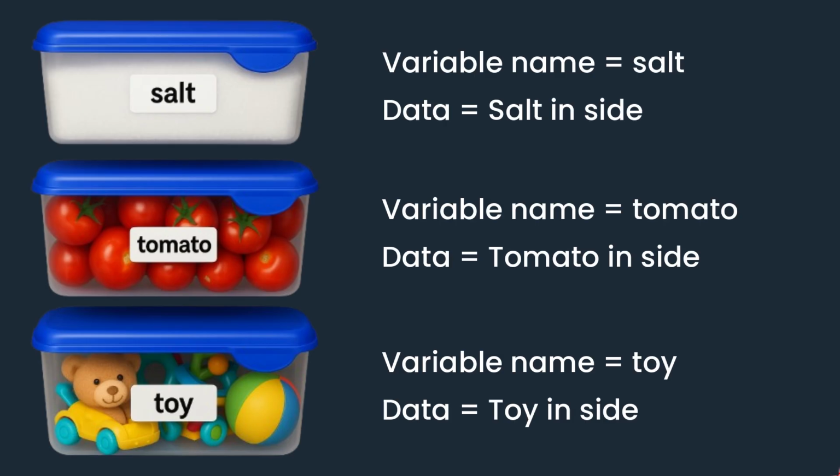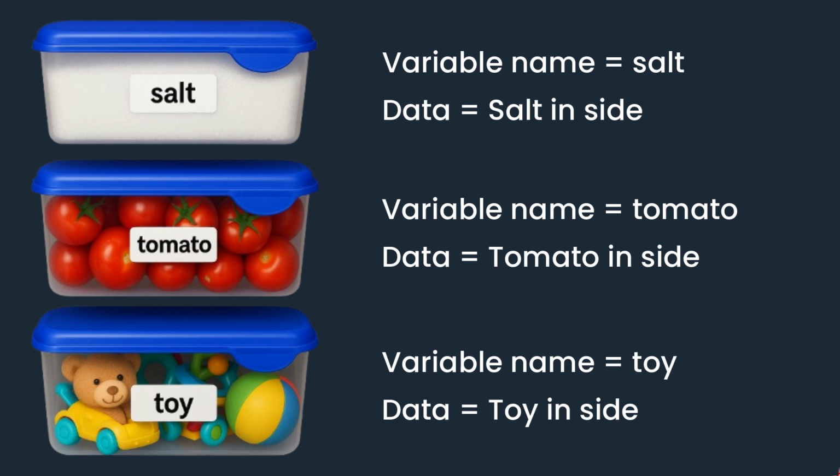If you have a container with the name salt in your kitchen, you know what is inside that container. Similarly, in a programming language, the label is the variable name and the thing which is inside that label is called the data. So variable and data are very important in any programming language.